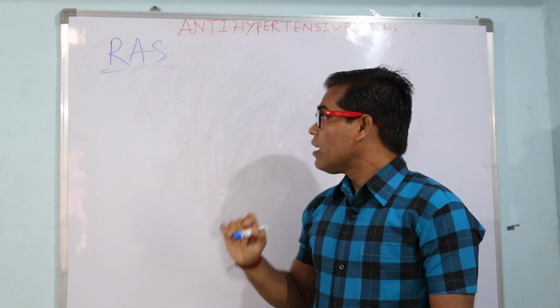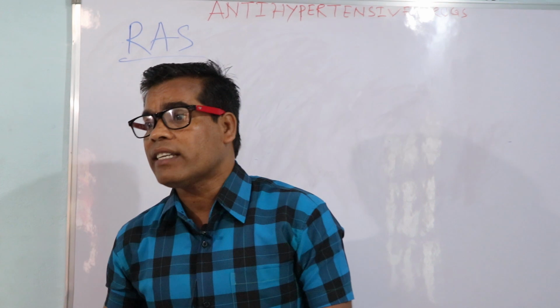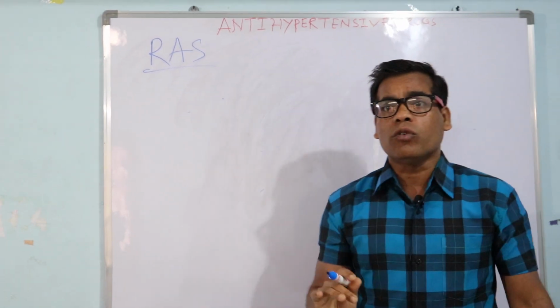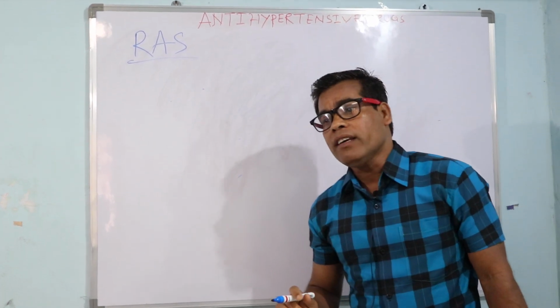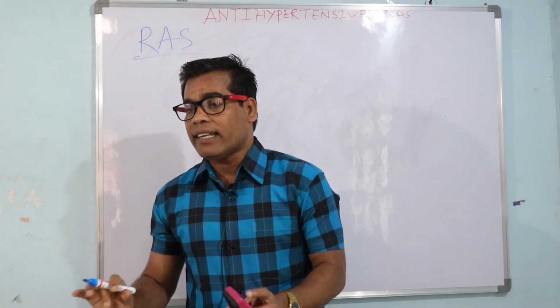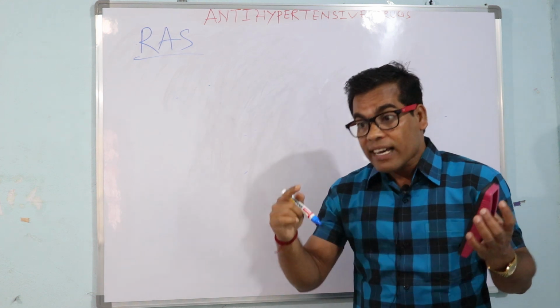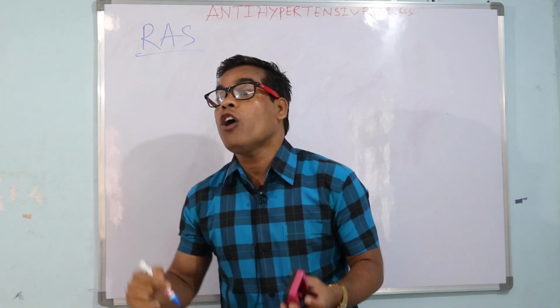Hypertension means an increase in blood pressure above normal. Hypertension is of two types. One is called primary, idiopathic or essential hypertension. Essential hypertension is when the pressure rises with unknown causes.